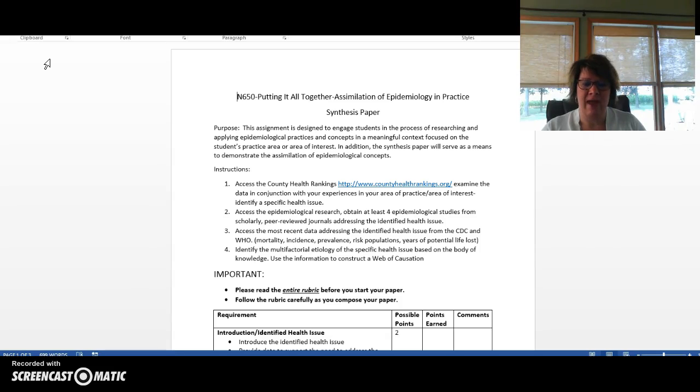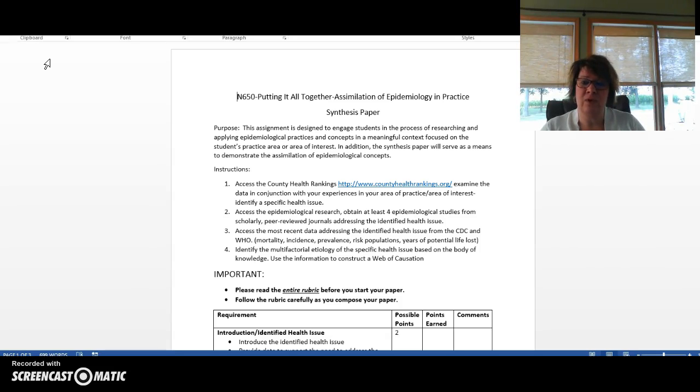And then from that, you're going to be looking at some of the very recent data from the CDC or the World Health Organization. And what you want to focus in on are those concepts that we've covered, like mortality, incidence, prevalence, those types of things. So really hone in on that particular topic.